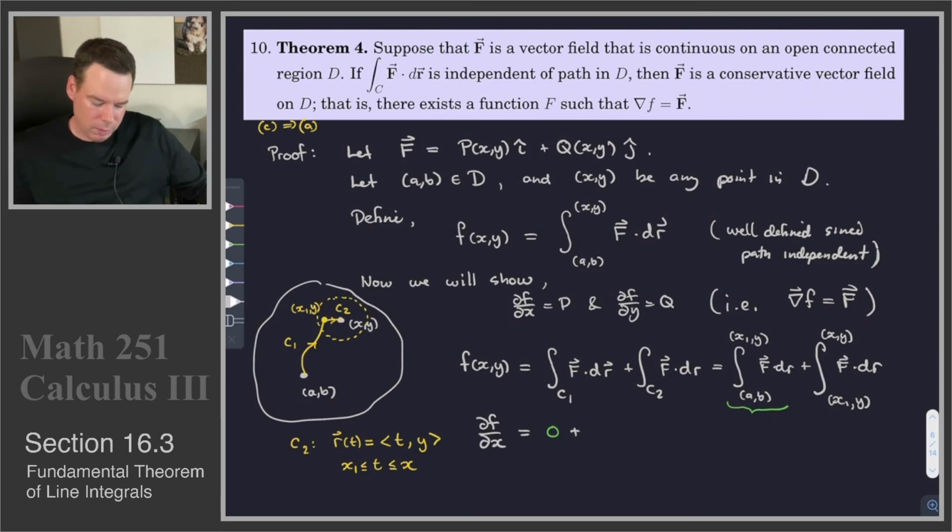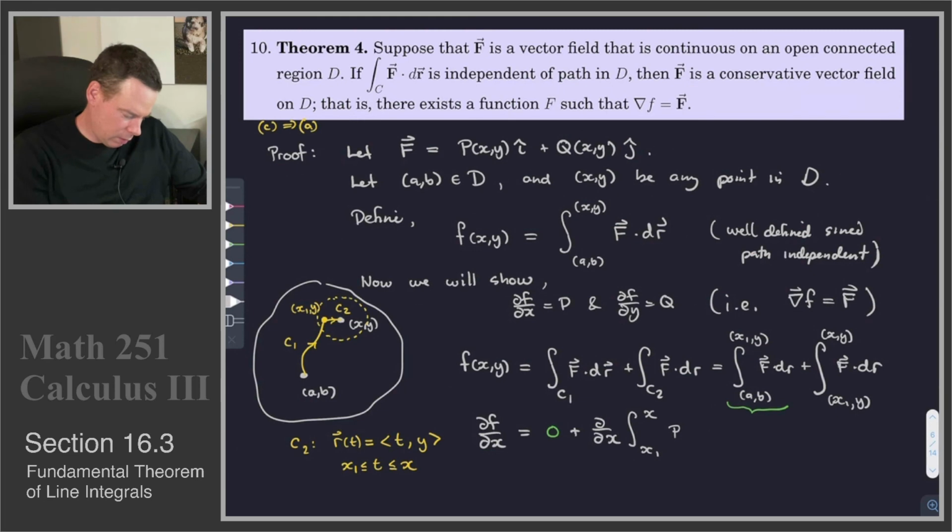And then the next one, I'm going to take its derivative with respect to x. Okay, so for that second one though, I can evaluate the integral using this parametrization C2. So it's going to be the integral from x1 to x of F dot dr. So what is our F? Our F is P comma Q, dot dr. What is dr in this case?